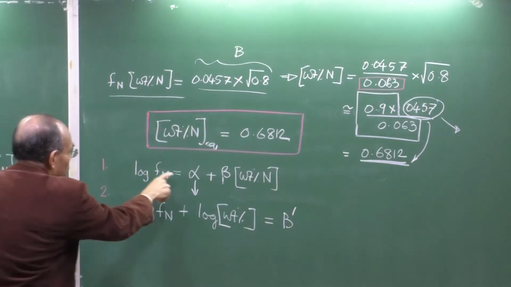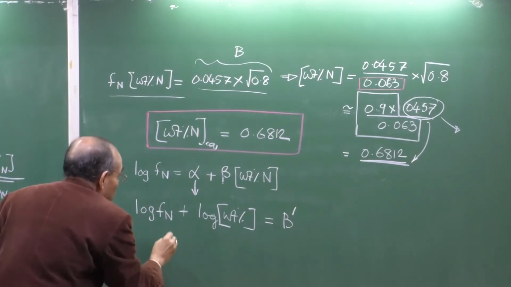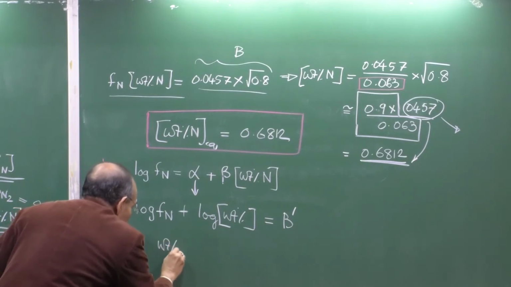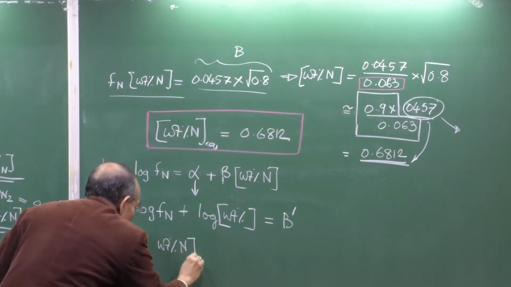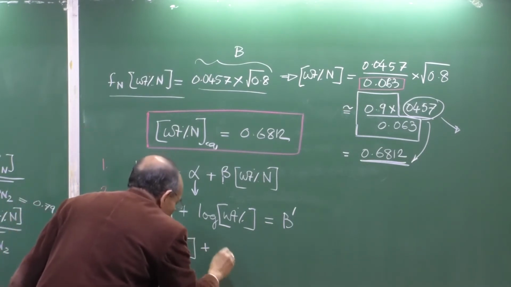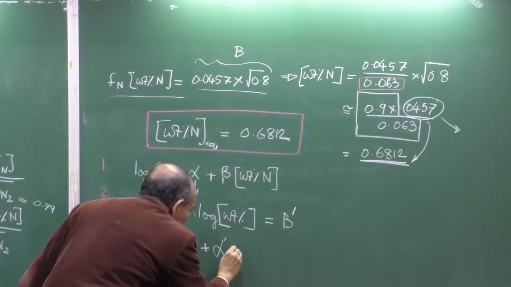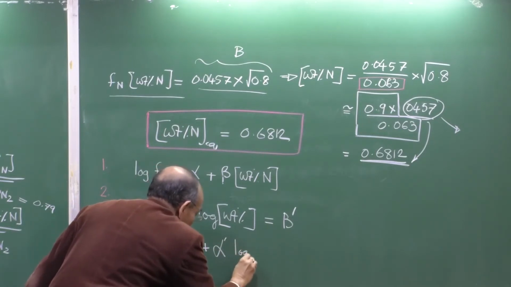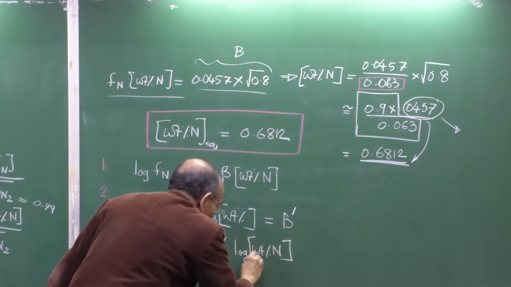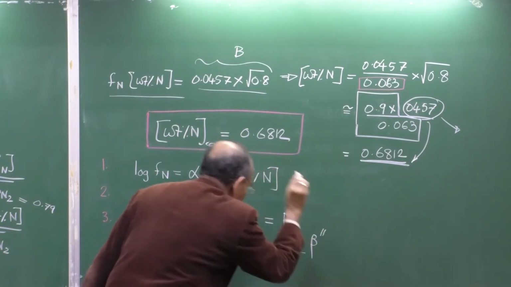Now, if you put log of Fn equal to this, you get an equation something like weight percentage nitrogen plus some parameter, I would say alpha prime, times log weight percentage nitrogen, equal to some other constant which is beta prime.